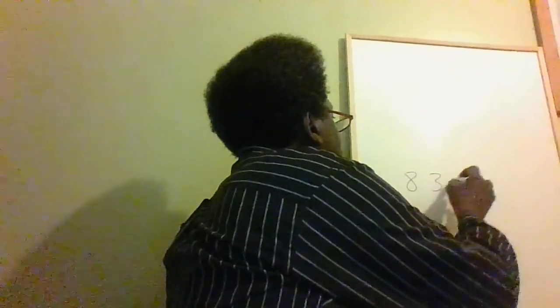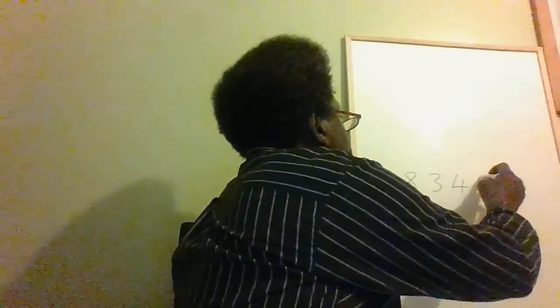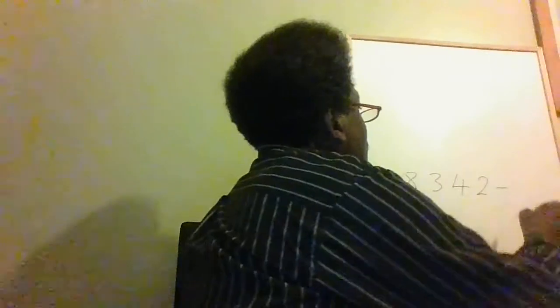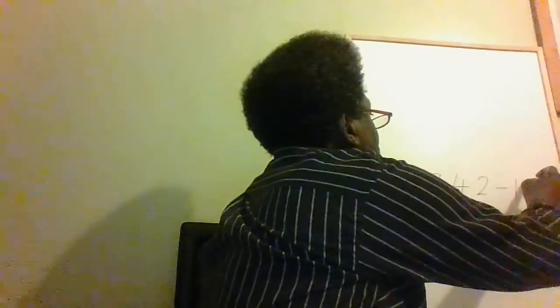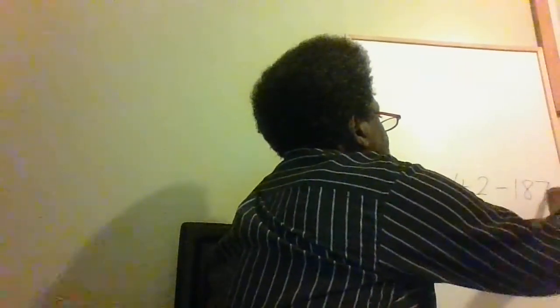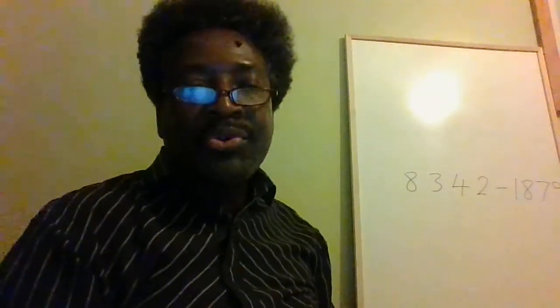Let's do some more column method takeaway. Let's go into big numbers. It's the same process throughout. So let's see. We have 8, 3, 4, 2, take away 1, 8, 7, 9. There's going to be a lot of borrowing here.